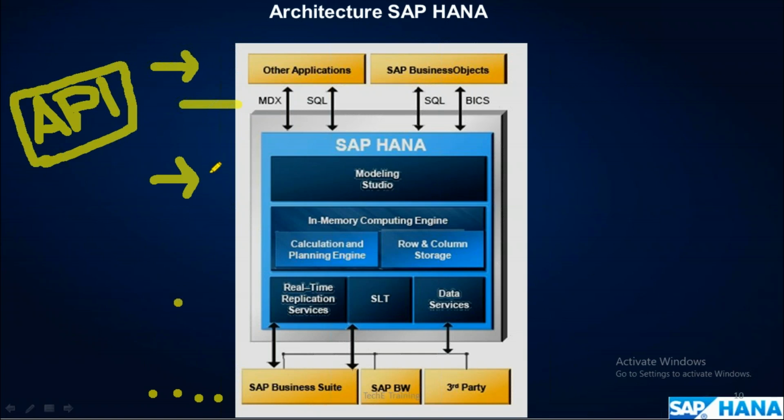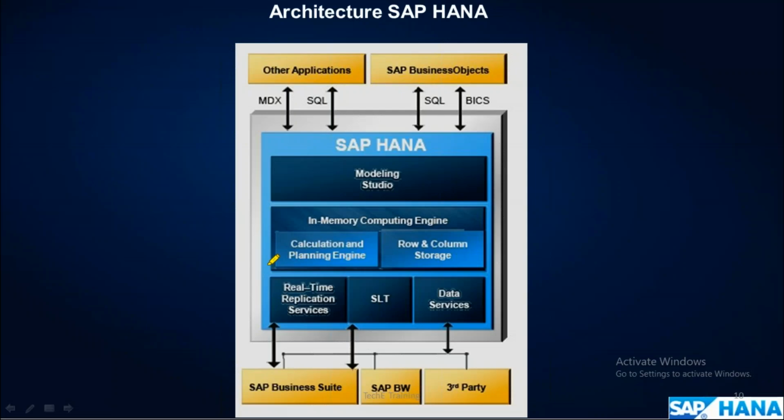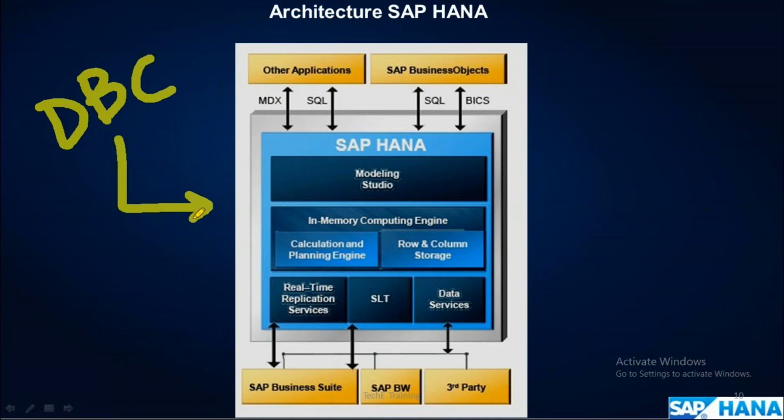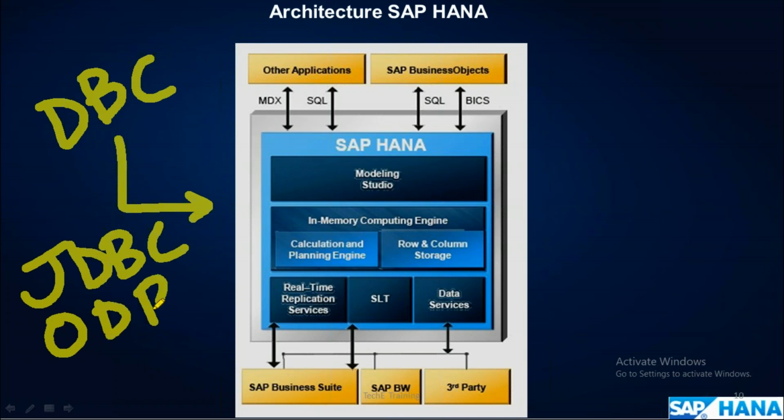Today it's very simple and straightforward, by using these APIs, or just by simply connecting with a DB connector, because HANA is a database. So you can connect to the DB connector. A DB connector can be JDBC, ODBC, or ODBO.